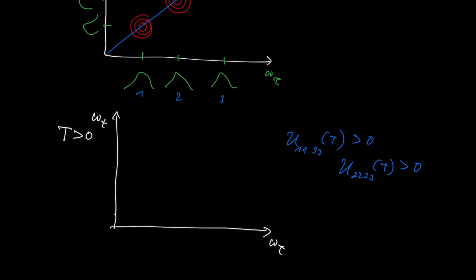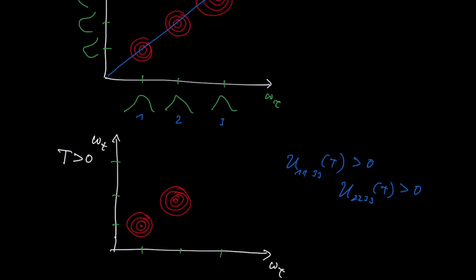Well, in fact, we would still have, at least if the situation were as it is described here, the same signal sitting at the first and second transitions, but because of this increase of U 1, 1, 3, 3 and U 2, 2, 3, 3, we would also have a decrease of U 3, 3.